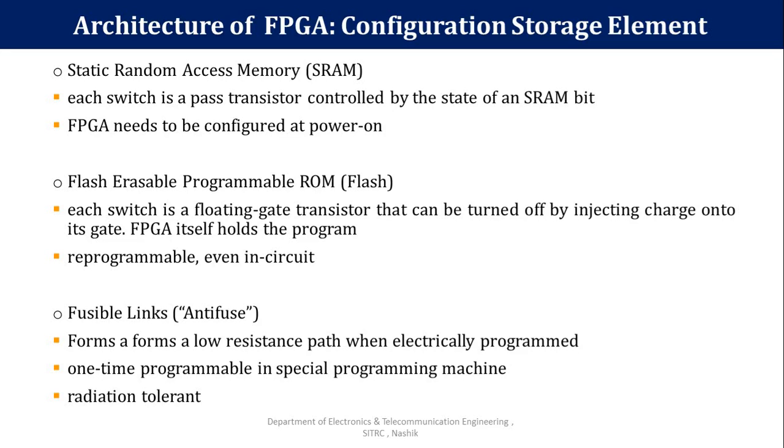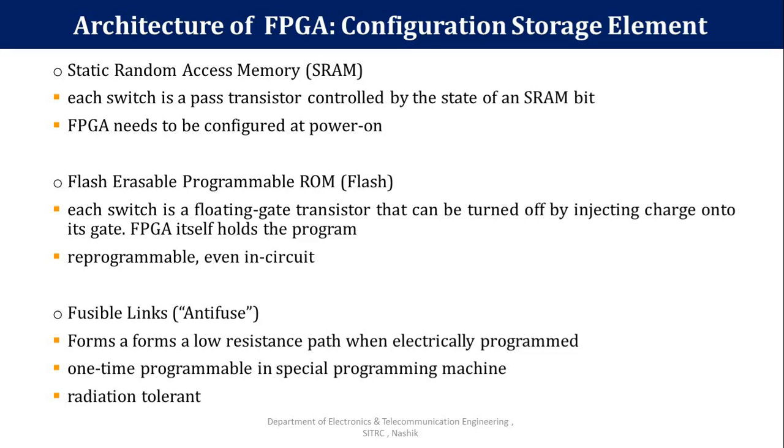Then third important is fusible links. It is also known as anti-fuse type of FPGA. Here it forms a low resistance path when it is electrically programmed.